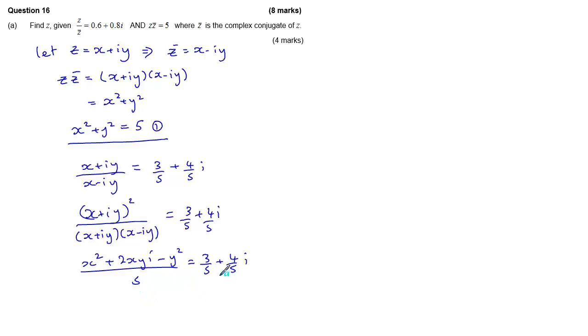So we can cancel the 5s right the way through, and then we have x squared minus y squared plus 2xyi is equal to 3 add 4i. So looking at this, that gives me that xy is equal to 2.